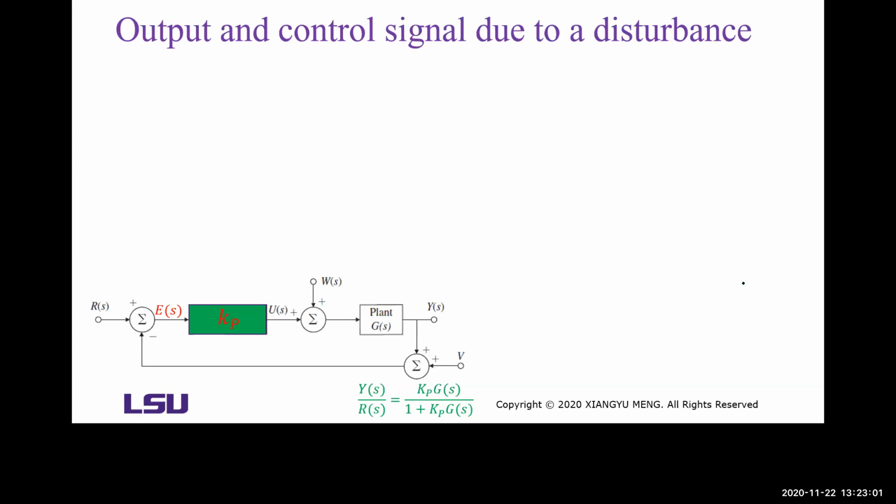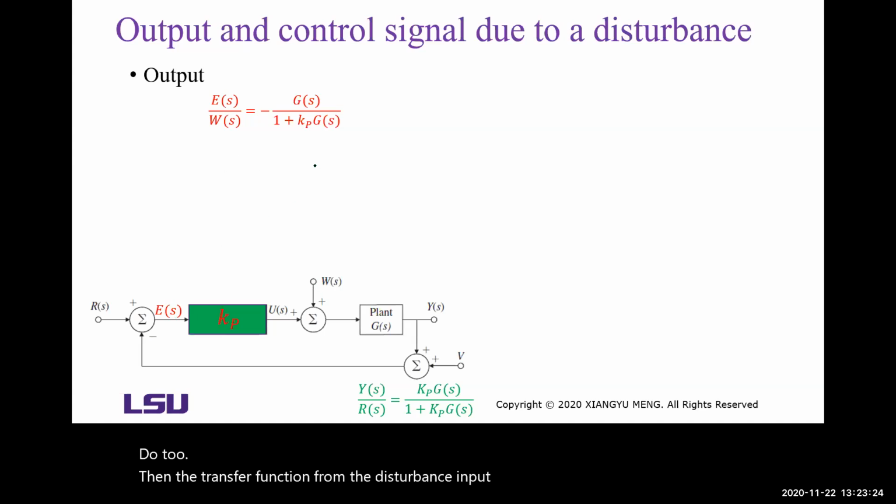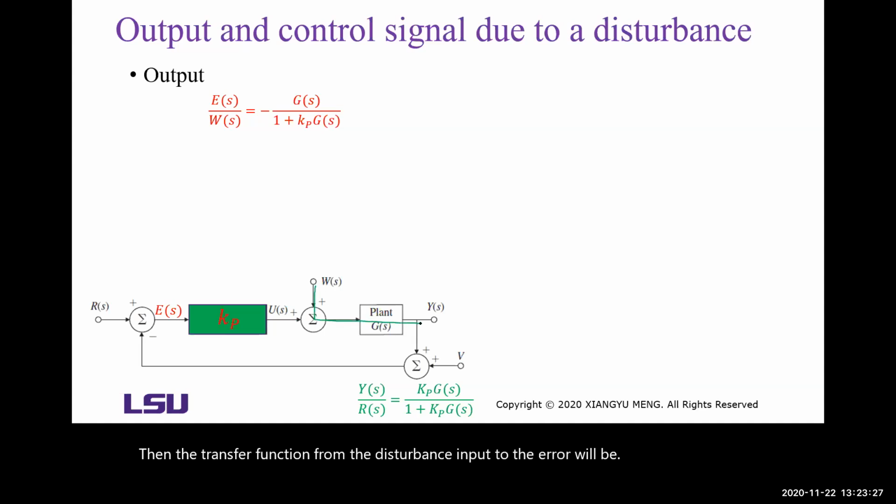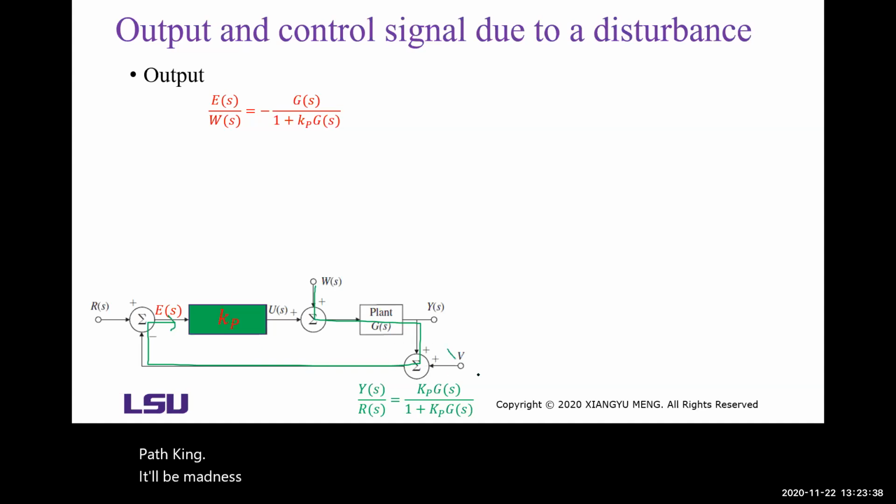Now let's see how the proportional controller will affect the error due to a disturbance. The transfer function from the disturbance input to the error will be, the forward path gain will be minus G(s). Let's assume V is 0, R is 0.